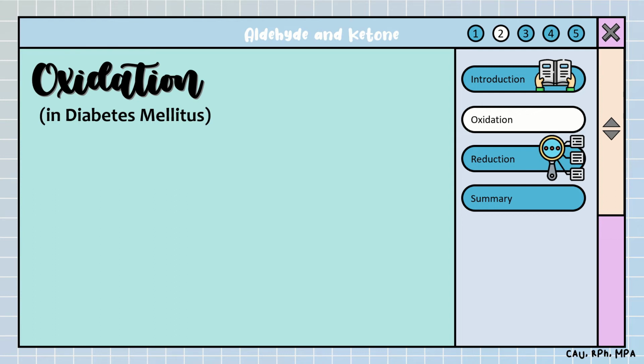So what is diabetes mellitus? Diabetes mellitus is a disease that involves the hormone insulin, a substance necessary to control our blood glucose level. There are two main types of diabetes mellitus: type 1 and type 2. Their difference is that type 1 has a problem in the pancreas, so it cannot produce enough insulin.